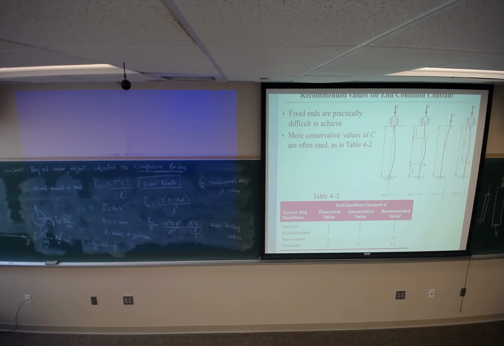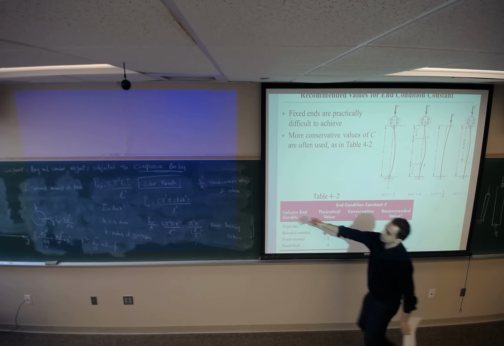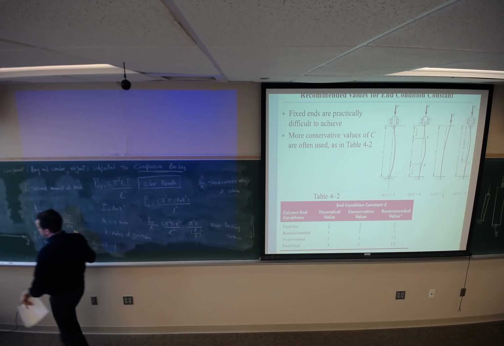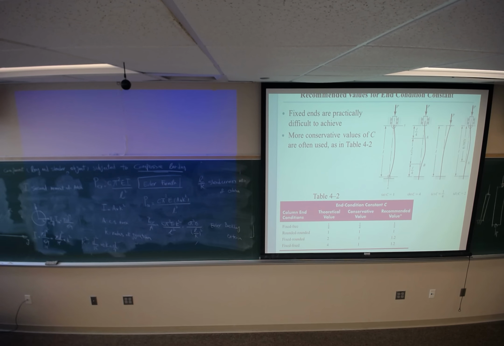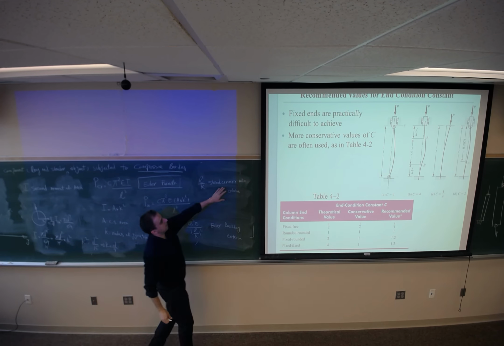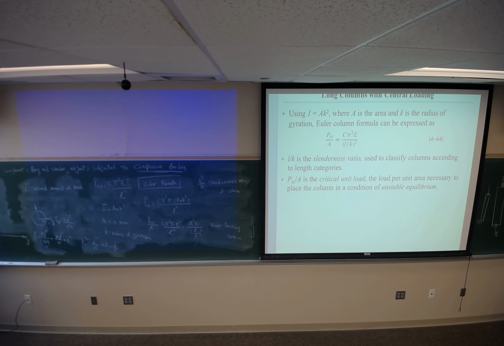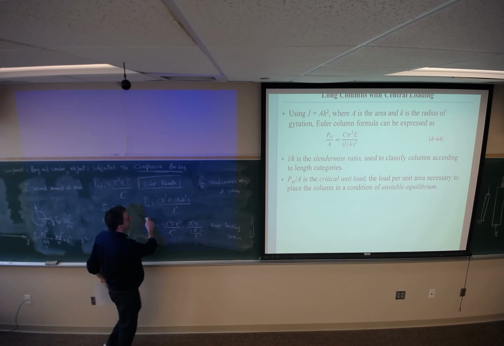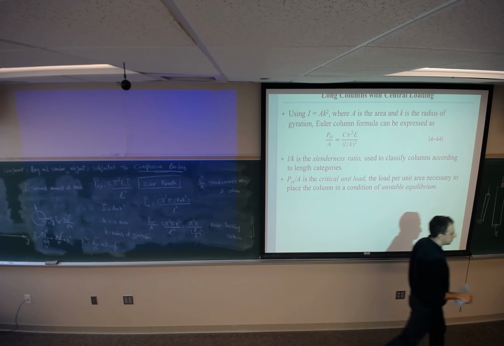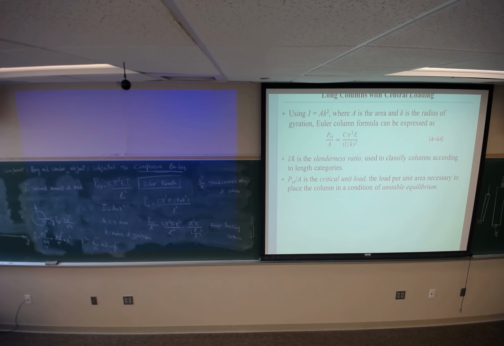Each column has its own length, each column has its own radius of gyration. So this P critical, as I said, is the force which places the column in an unstable condition, where buckling is going to start.